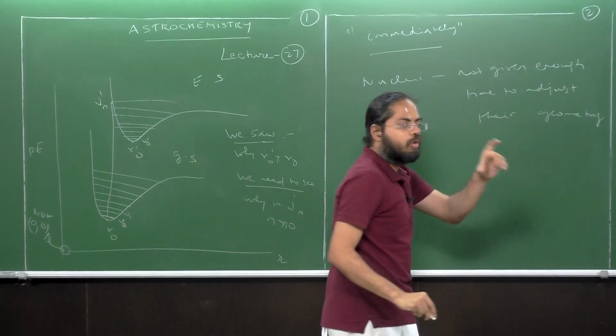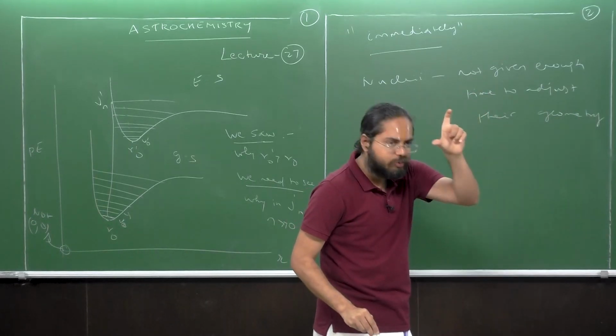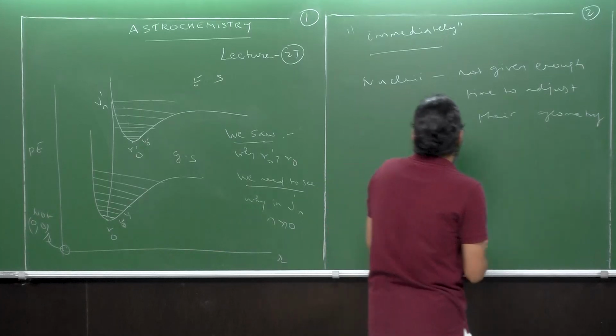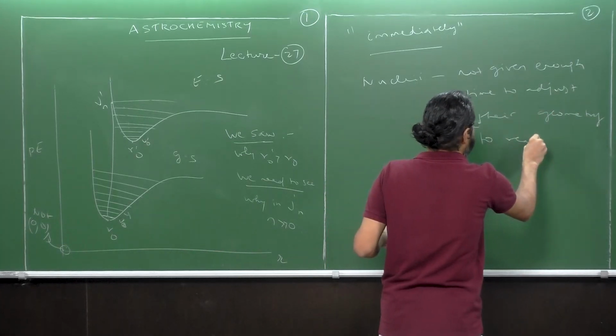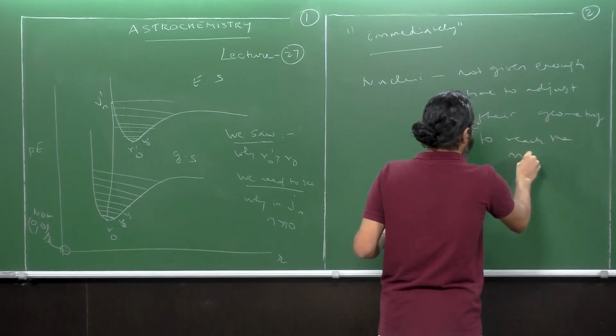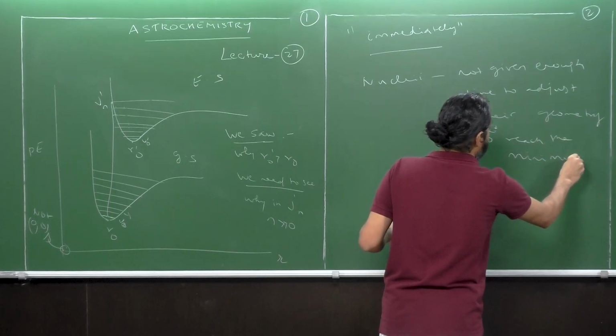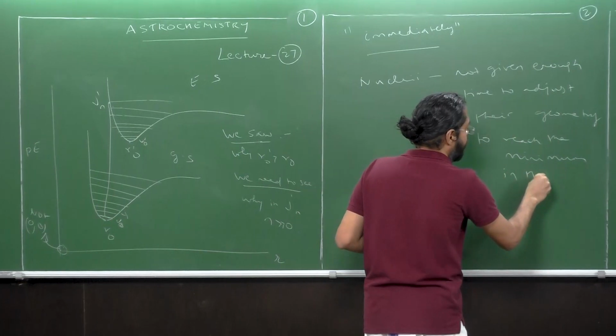When I say geometry, I'm talking about the distance, because it's only a diatomic molecule, so distance is the only parameter we care about. They are not given enough time to reach the minimum in the excited state.